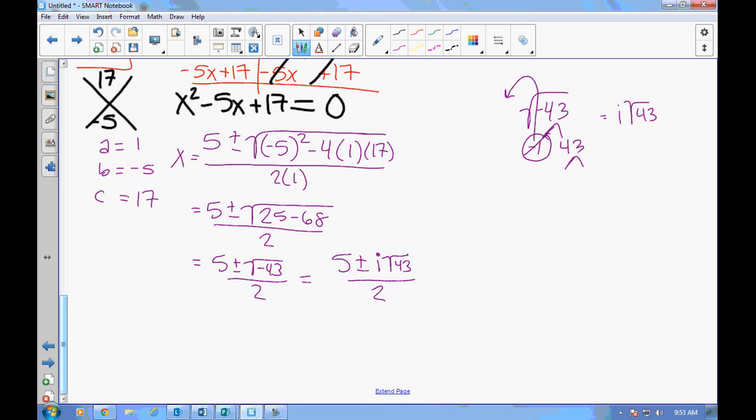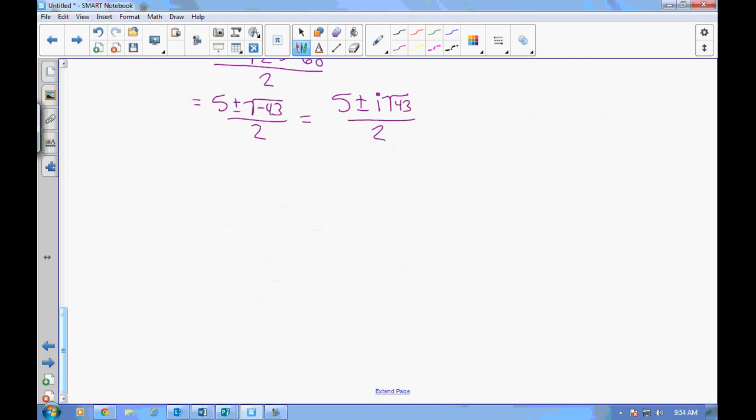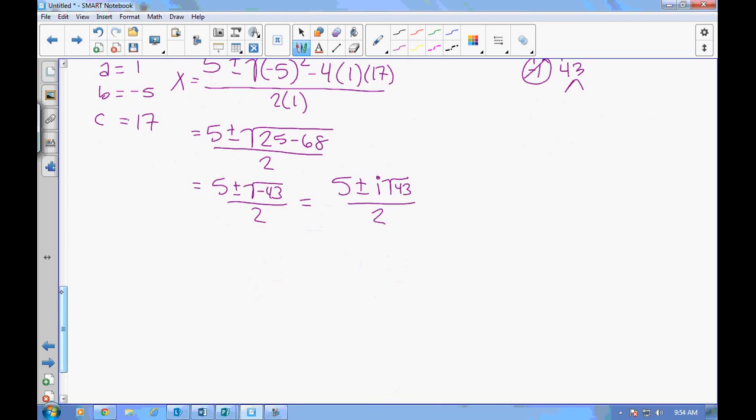But we'd like you to write in standard form with the real part plus or minus the imaginary part. Okay, Sean, what's the standard form of this one? What's the real part? 5, it's not just 5, it's 5 over 2, so 5 halves, plus or minus, so I'm going to put the i at the end.